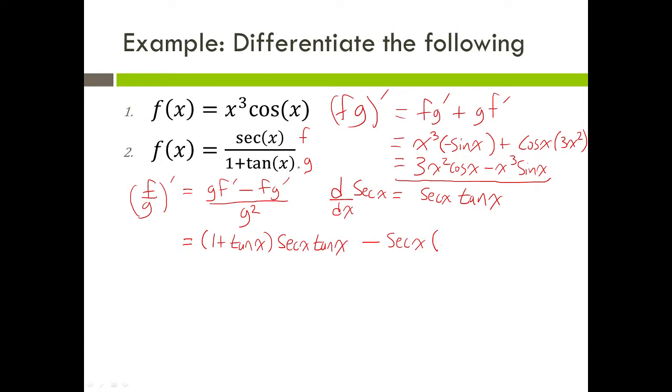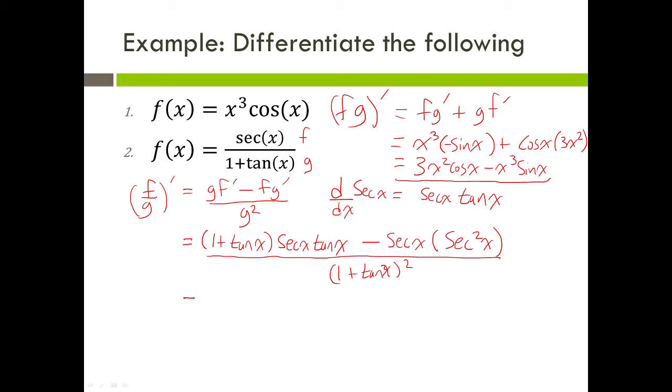Derivative of 1 is 0, so don't have to worry about it. And derivative of tan x, which we said earlier was just secant squared x. And this is all divided by 1 plus tan x, all squared.